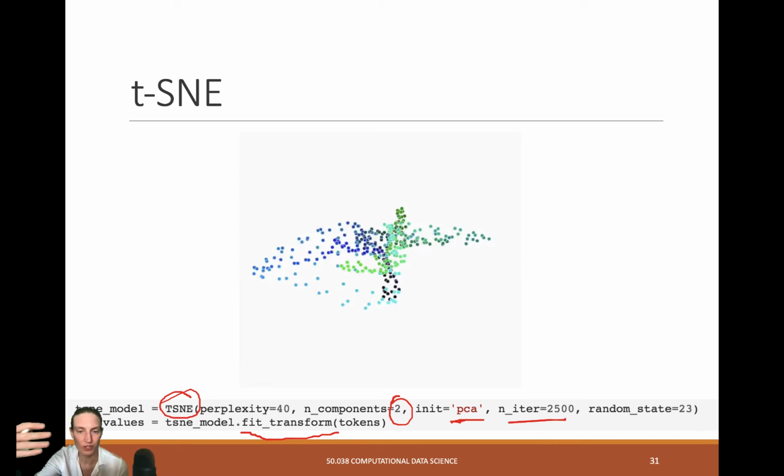How does this work? I have an animation here that visualizes how points in the multidimensional space are optimized. Similar colored dots are similar points, similar words, or whatever you're trying to visualize.